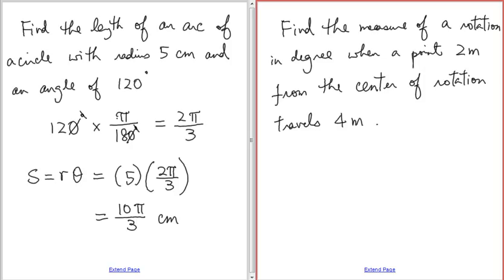So in another word, when a point 2 meters from the center of the rotation, so this is the center, and then we have 2 meters, and there is a point. Keep rotating, right? It could be 1 full circle. We don't know how far it traveled. But when it traveled 4 meters, go like that, maybe.